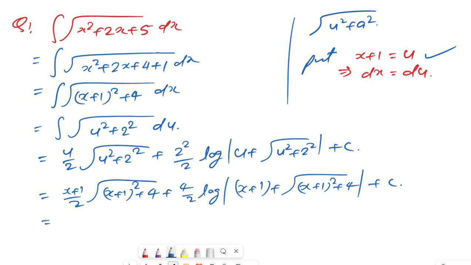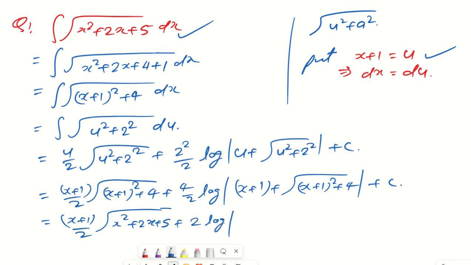Now it can be further solved as, I'll just put a square bracket here. So it will become x plus 1 by 2 square root of x plus 1 whole square. This term can be written like this, so it can be written as x square plus 2x plus 5, plus 2 log of mod of x plus 1 plus square root of x square plus 2x plus 1 plus 4, that is 5, plus c.